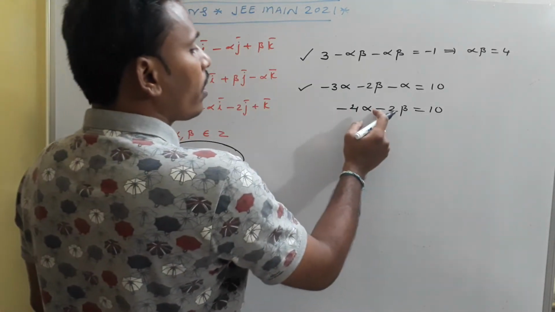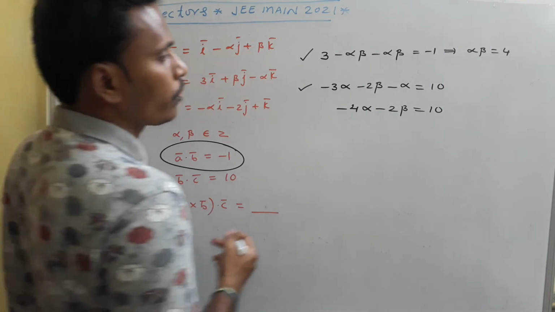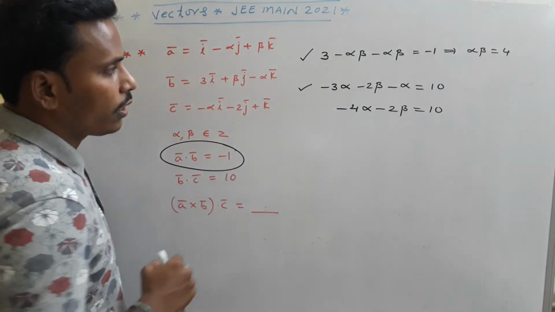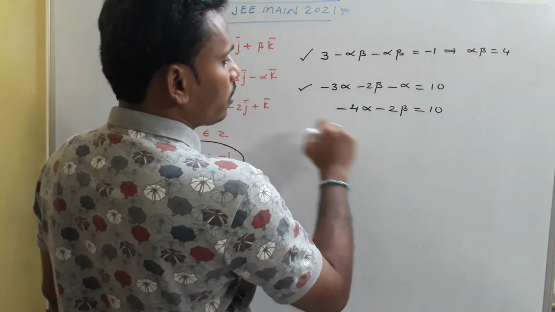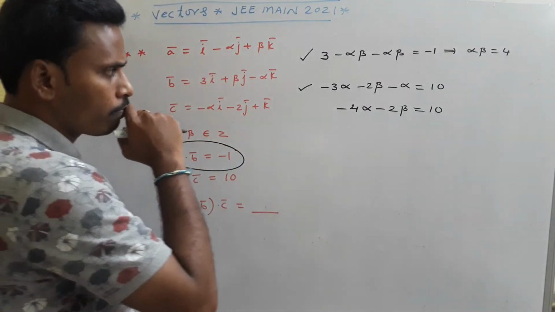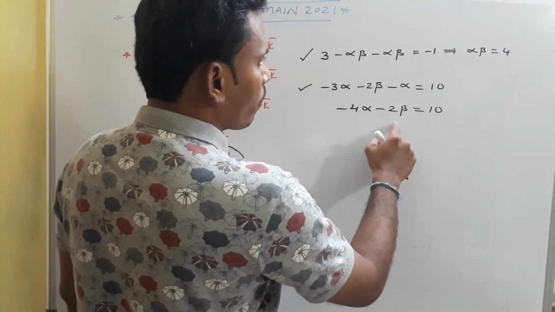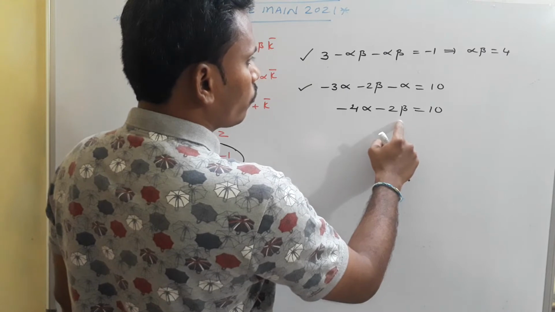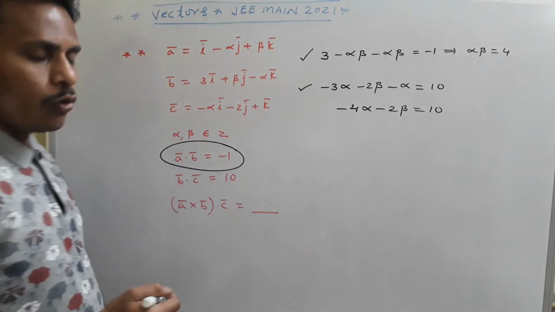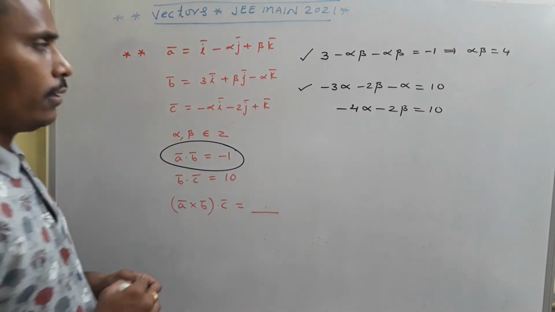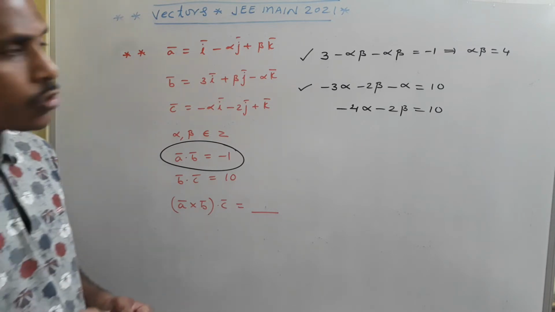So since these two are negatives, we need to make it positive. Okay, what I will take is 4 2s is 8. Okay, so yeah, 2 4s. We need to get the value of alpha and beta, and they are integers, right? So how can we find out?